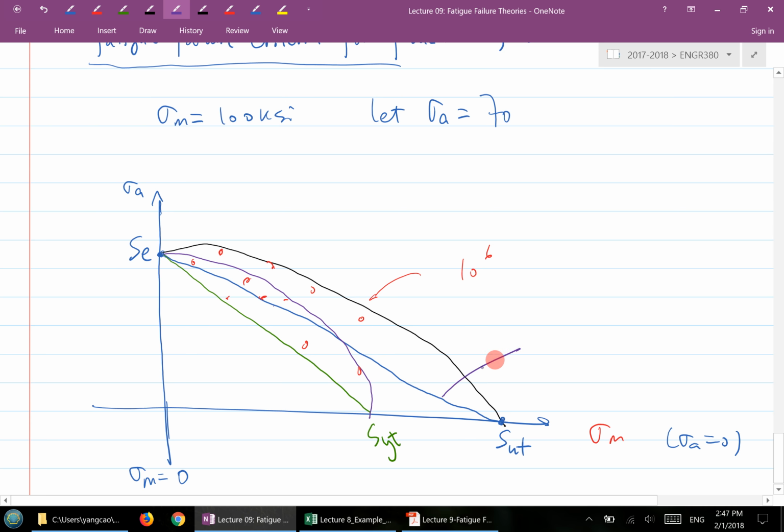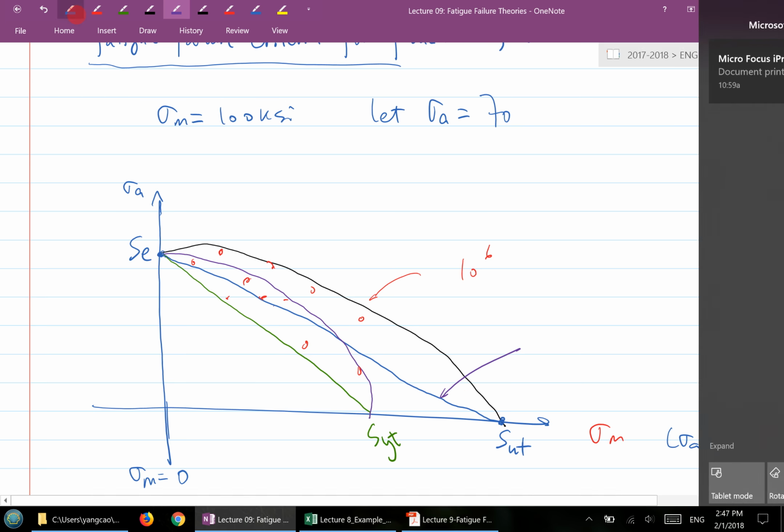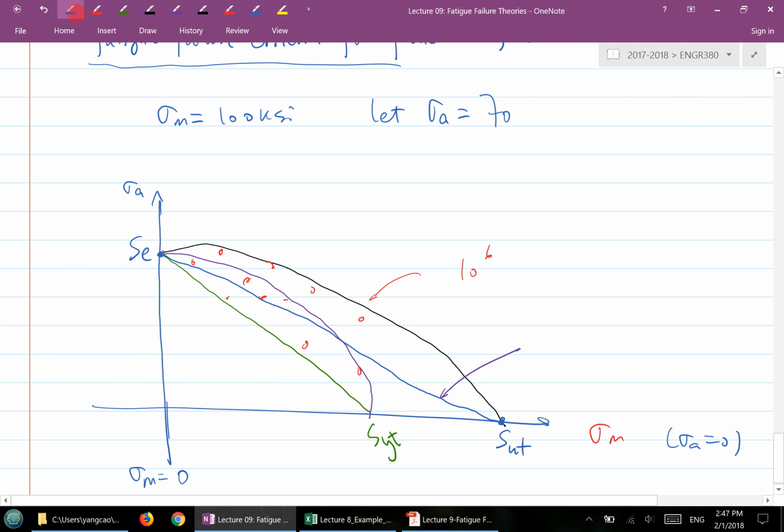So there are names associated with each one of the lines here. For the blue one, this is called the modified Goodman line. The black one here is called the Gerber line.